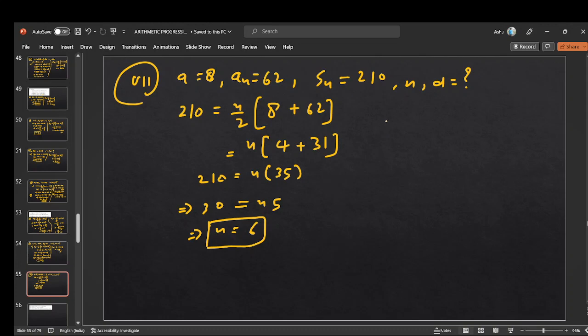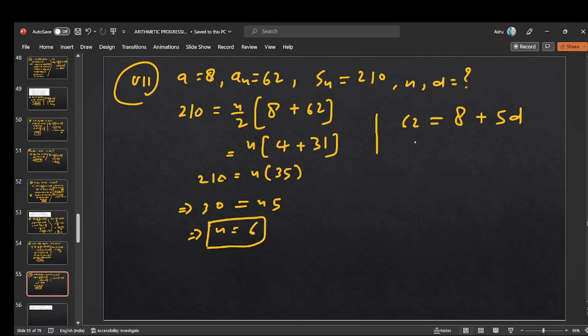Then what is the value of d? We can solve it. It will be an is 62. Then 62 equal to a, 8, plus n is 6 minus 1, that means 5 into d.